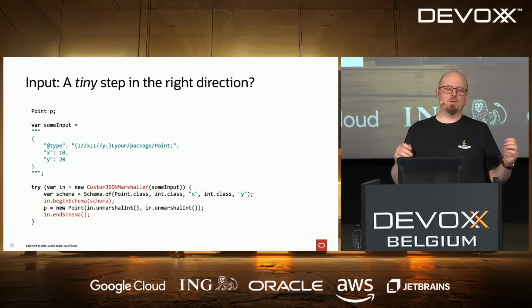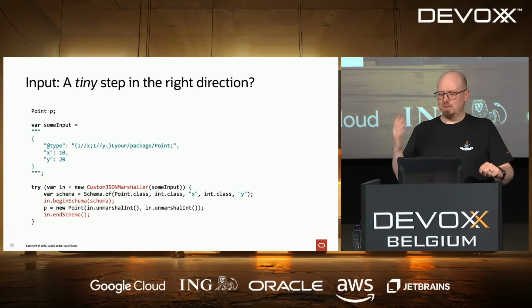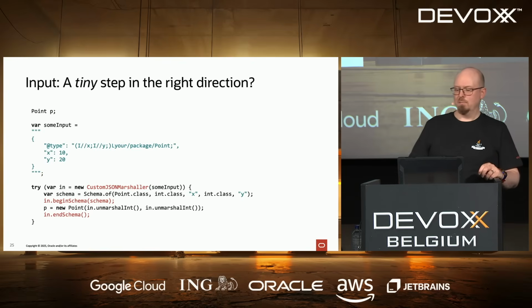We would still have to say what we are expecting in terms of schema, because if we're trying to unmarshal something that wasn't intended to be points, we definitely want to know about it and not create bad points. So we say we want to unmarshal this thing, give me 2 ints, and then I'm done with my unmarshalling. And now we've manually marshaled this. But this is not super exciting, right?